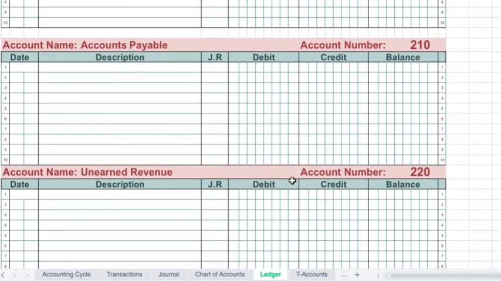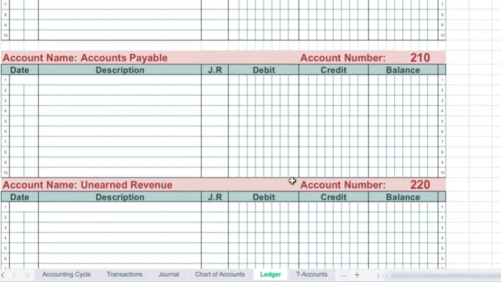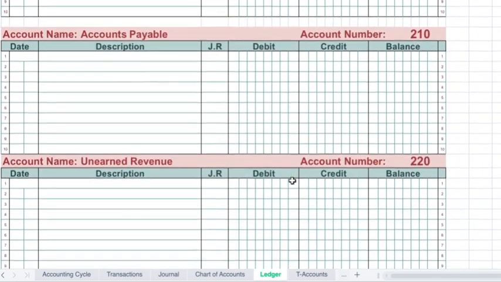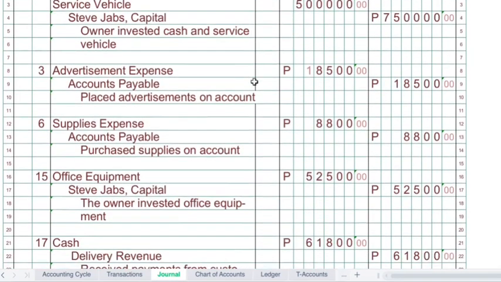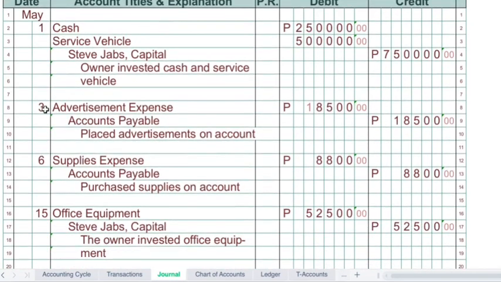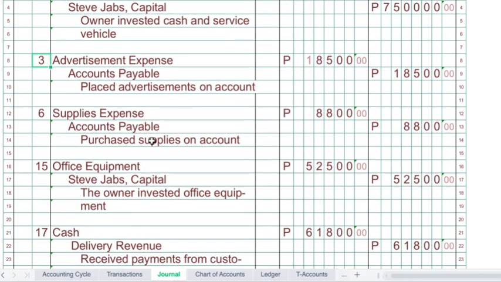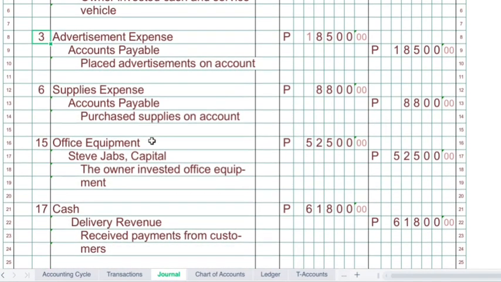Okay. So, pakita ko sa inyo yung accounts payable. So, since ang accounts payable natin increases on the credit side, let's have accounts payable. So, we have May 3. Okay.